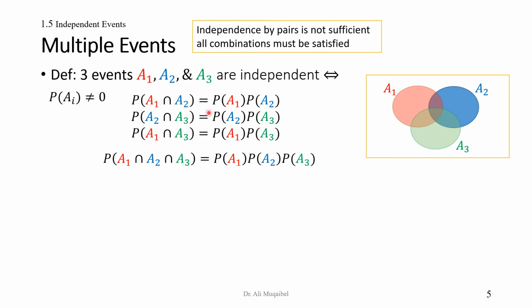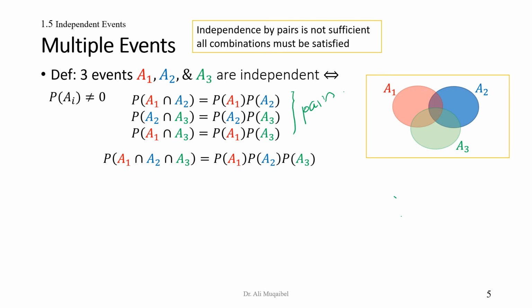okay, we have to show independence by pair. So these are the pairs. We are proving here the independence by pairs, which means A1 and A2 are independent. Their intersection probability equals the product, and we have 3 pairs here. But mind your steps, this is not enough.